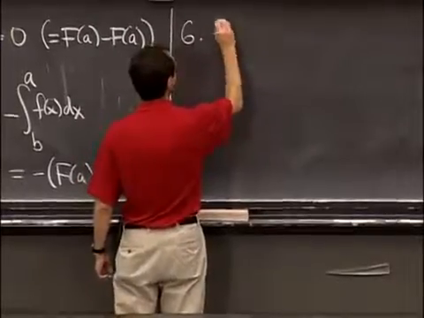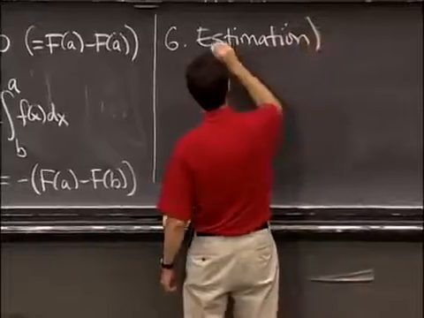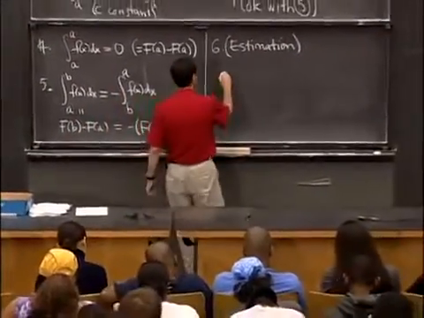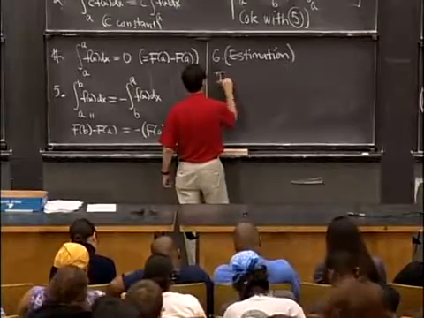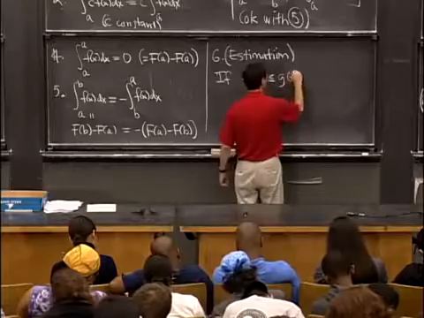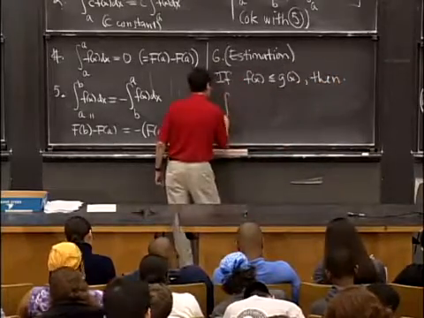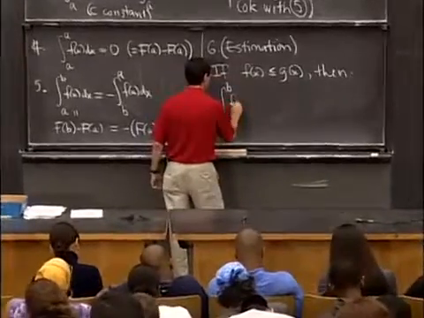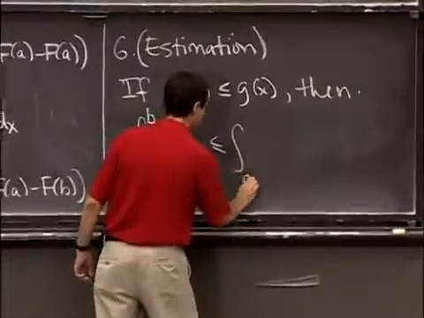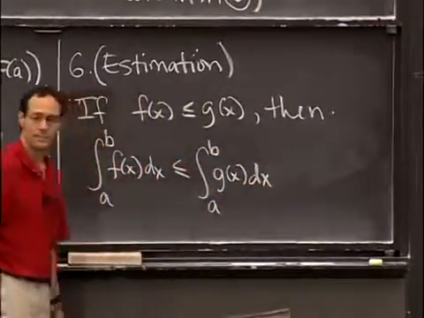This one is called estimation. And it says the following. If f of x is less than or equal to g of x, then the integral from a to b of f of x dx is less than or equal to the integral from a to b of g of x dx.